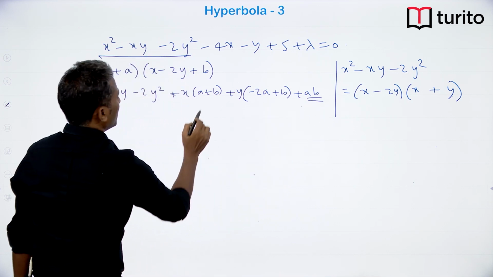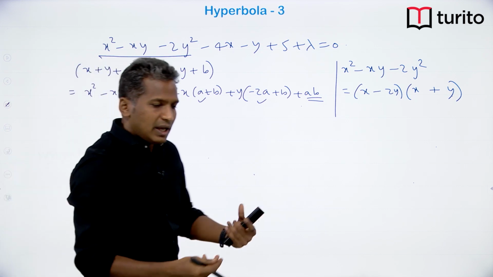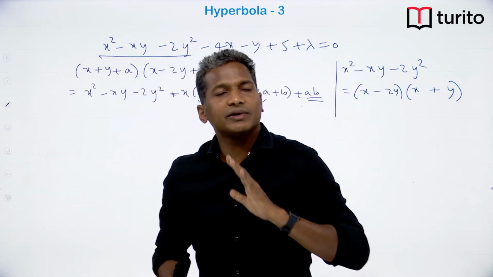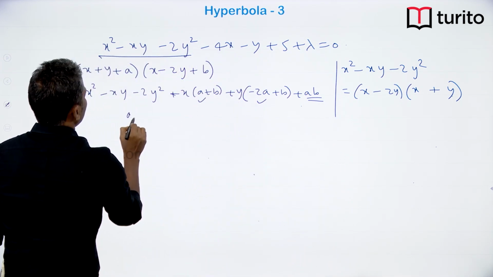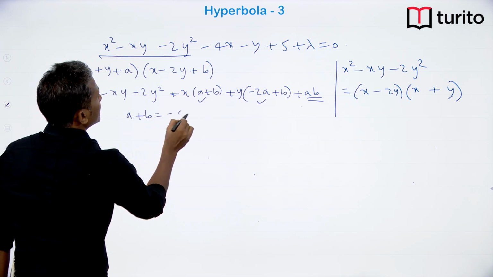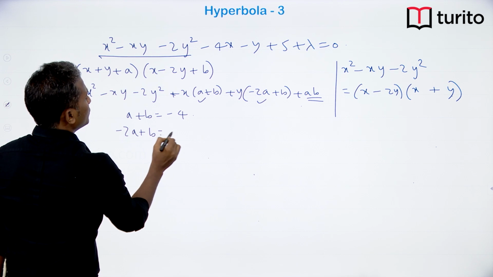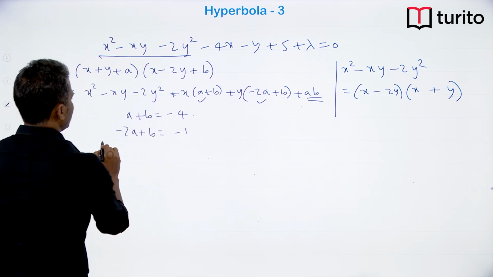This is fine. But we are going to just compare these two terms and solve for a and b. If I am able to get the values of a and b, that means I have cracked the factorization. So what I will try to do is, I equate this a plus b with minus 4, and I will equate this minus 2a plus b to minus 1, and I will try to solve for a and b.